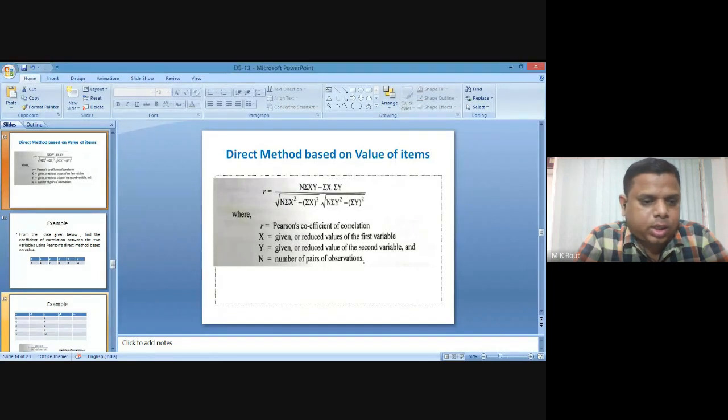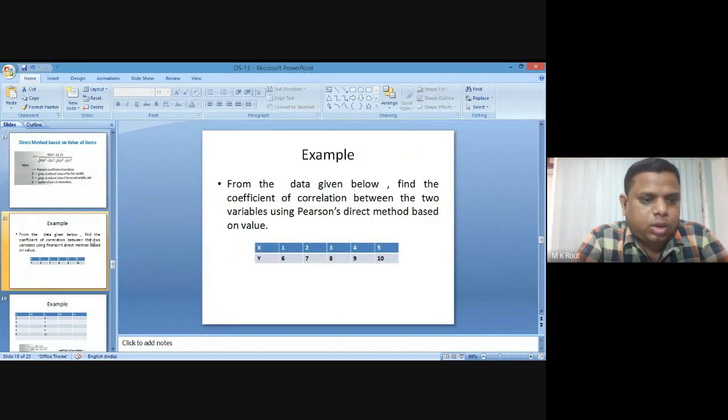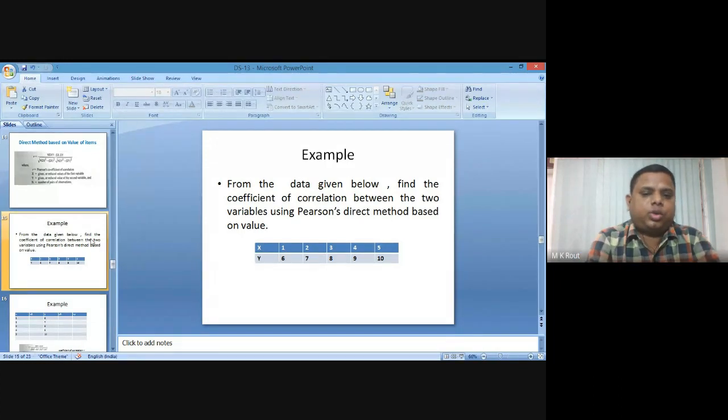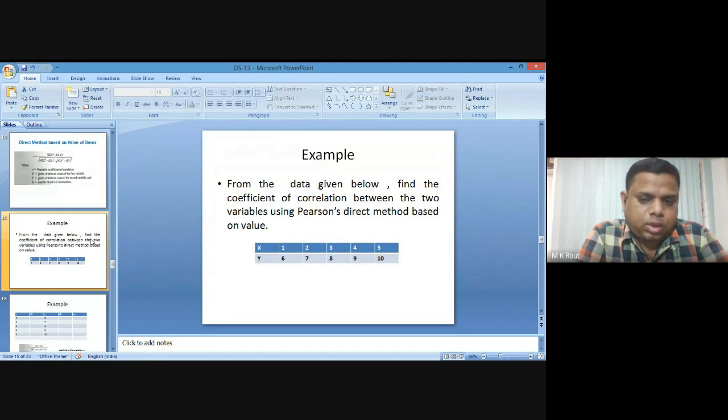So here is a typical numerical for you. From the data given below, find the coefficient of correlation between two variables using the Karl Pearson direct method based on values. We have two series here, x and y. For x, the variables given are 1, 2, 3, 4, 5. For y, the variables given are 6, 7, 8, 9, 10.